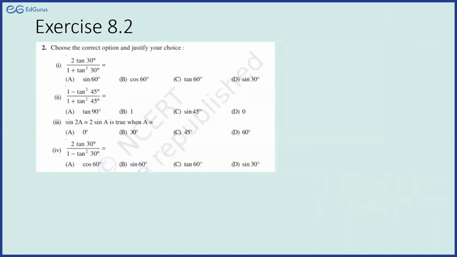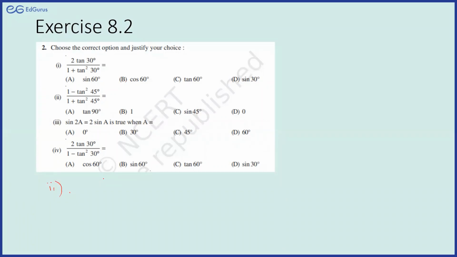Okay, let's continue. Choose the correct option and justify your choice. Here also, you simply substitute the values and figure out which one is equal to the given option. Let's try number 2.